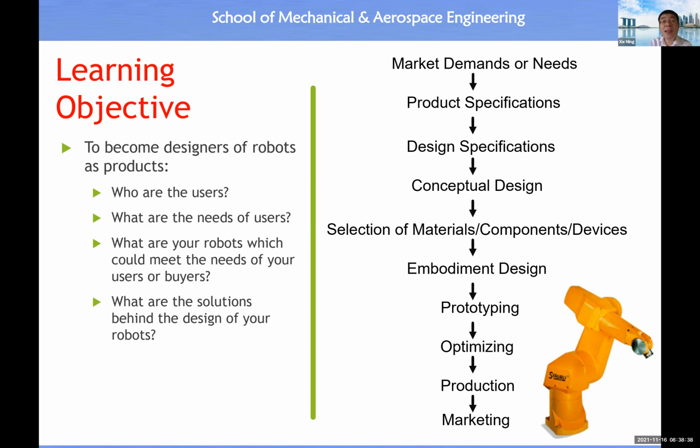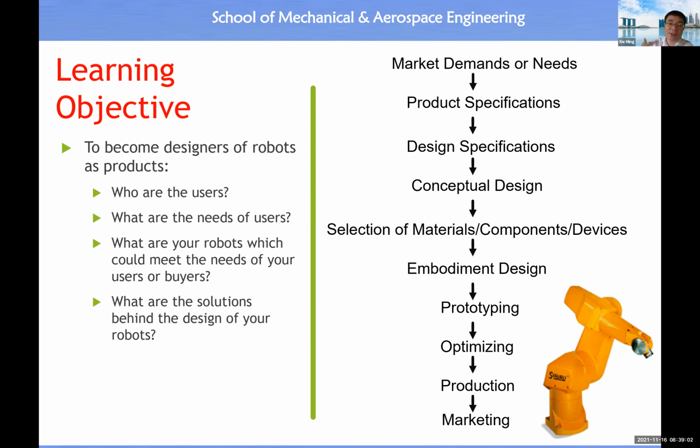Then in this second situation, you must consider generalizing the user and generalizing the need from this user. Therefore, we choose the manufacturing industry as an example in order to know the generalized need from the generalized user.